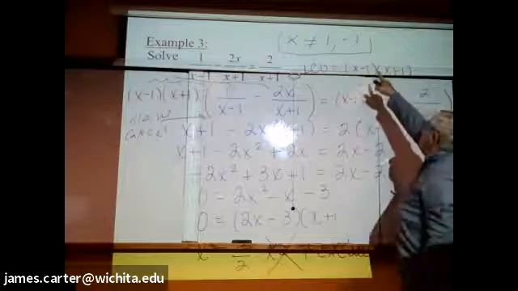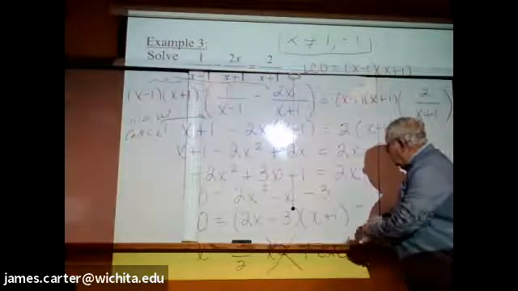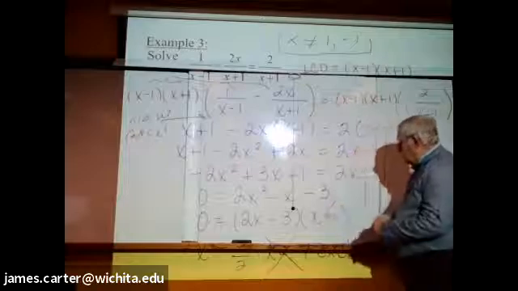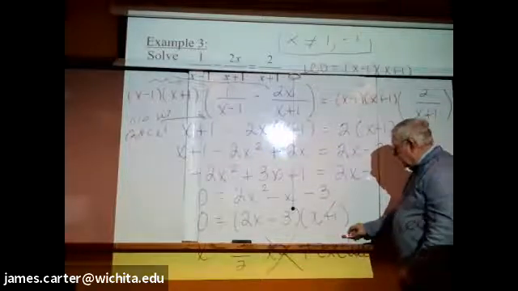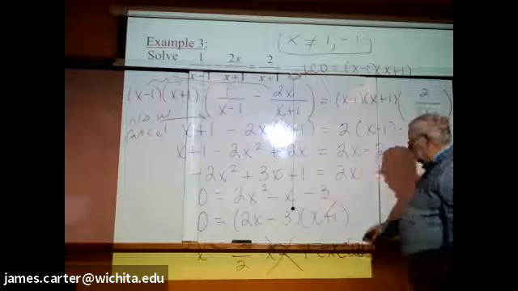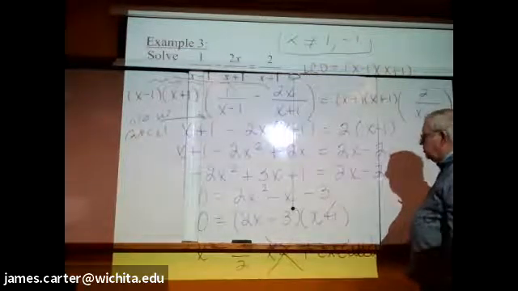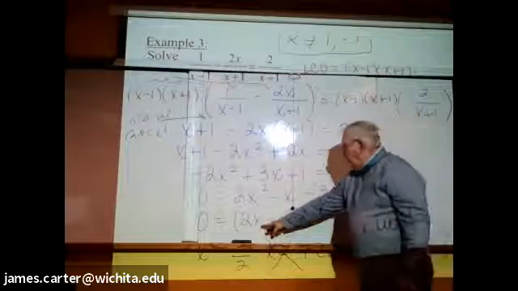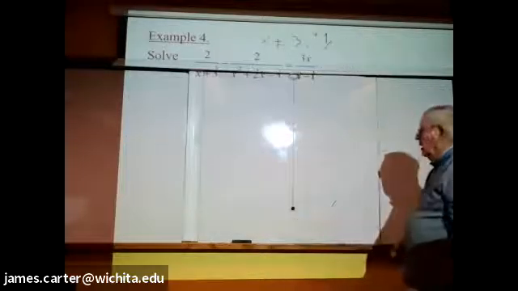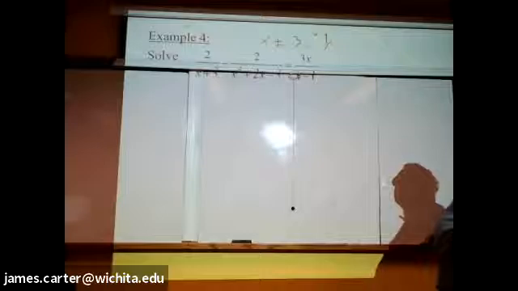Well, -1 is a value we can't have, so we have to throw this one out, because that would give us an imaginary number. This work is all down here. So, what is our final answer in this one? Generated from this factor, x equals 3 halves.